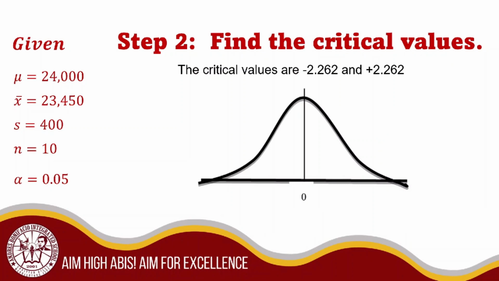So here is the normal curve. We're going to plot. Now, let us determine the rejection region. Okay, so we have the critical values, negative 2.262 and positive 2.262. So, we write here positive 2.262 and negative 2.262.